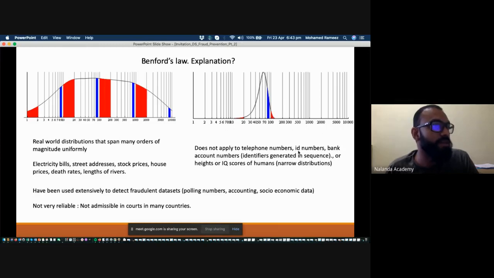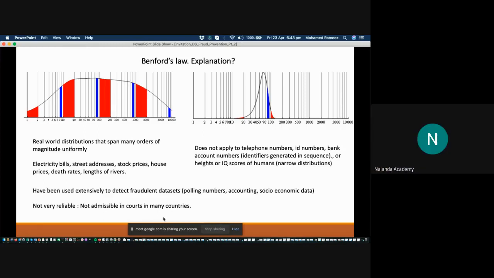It's really intuition. So in many countries, you cannot prove using Benford's law that something is fraudulent. This should again just guide your judgment in applying further techniques that we already introduced to examine a data set.